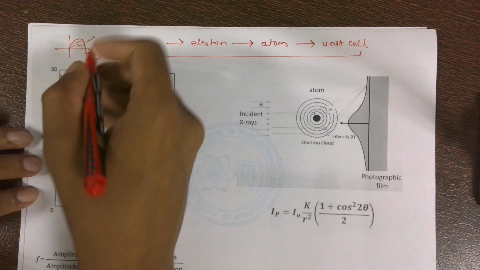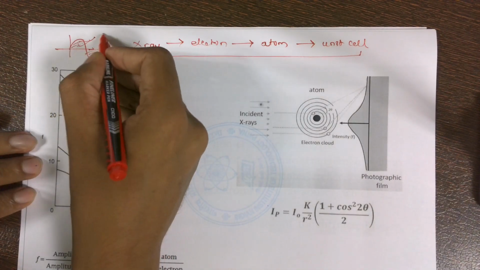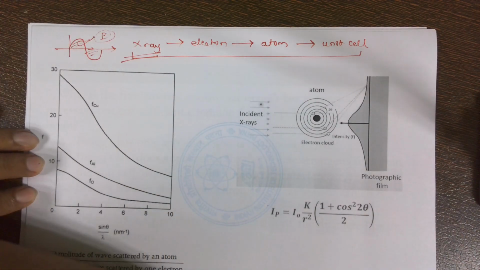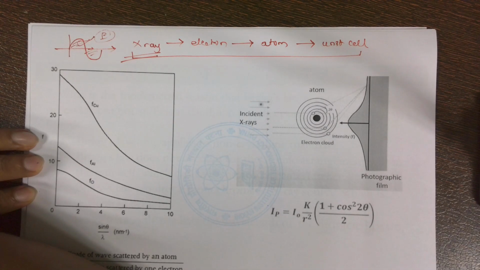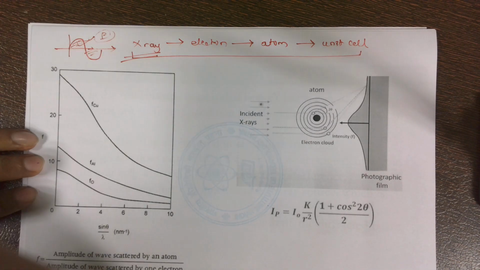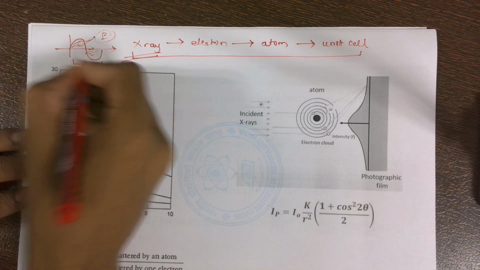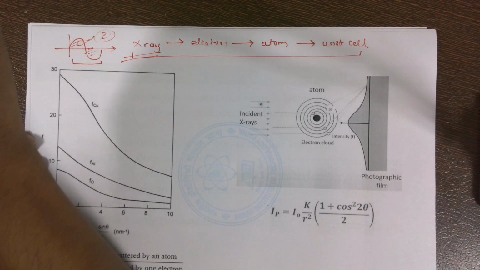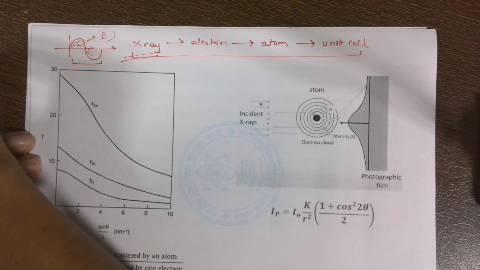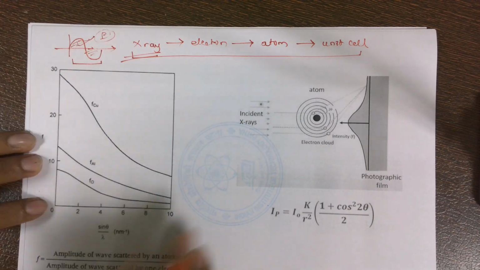So we know that once the electron comes under the effect of the electric field, this phenomenon is going to happen. Now, what is the electron doing? It is absorbing that particular energy, and then it is releasing that energy, right? Whatever is the frequency of your X-ray, the electron will vibrate at the same frequency, and it will radiate at the same frequency.